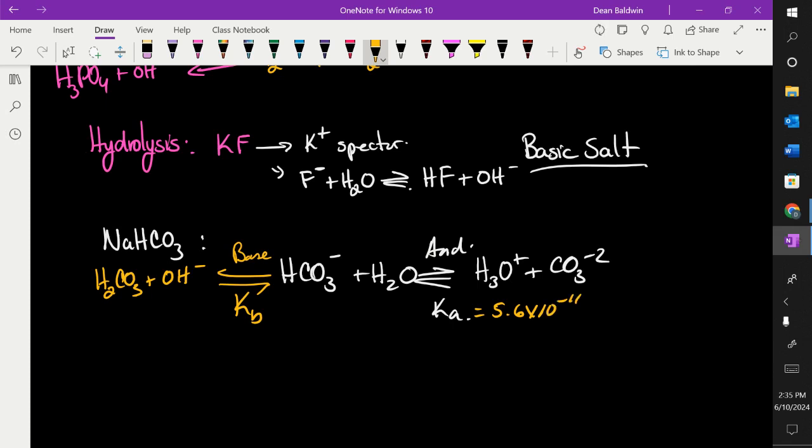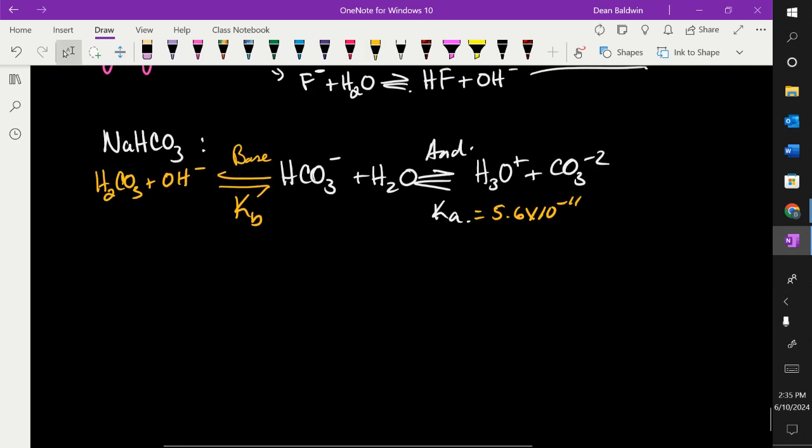Okay, so now we got to figure out the Kb. How do you figure out the Kb? So you're going to use Kw. So we know that Kb is going to be Kw over Ka. Ka of what, though? The conjugate acid, this one. Carbonic acid, right?